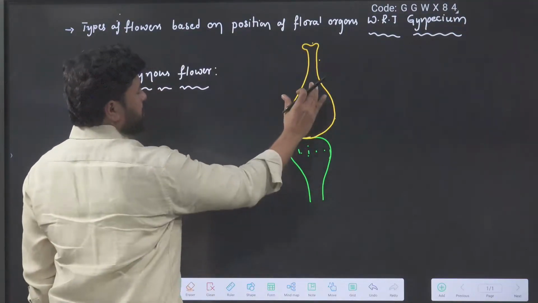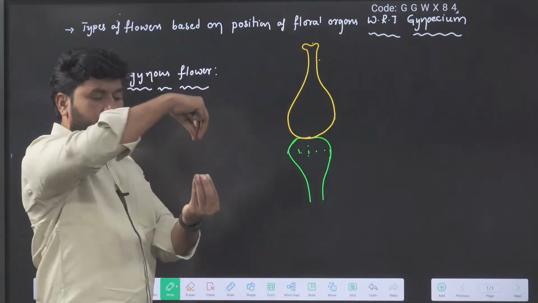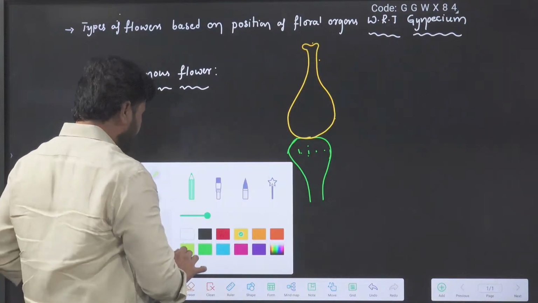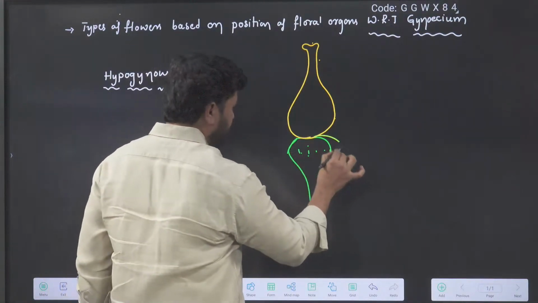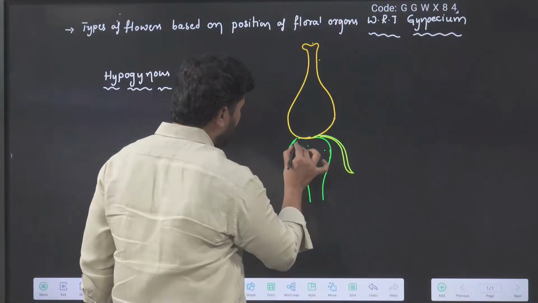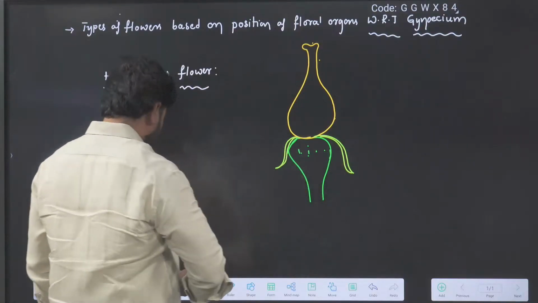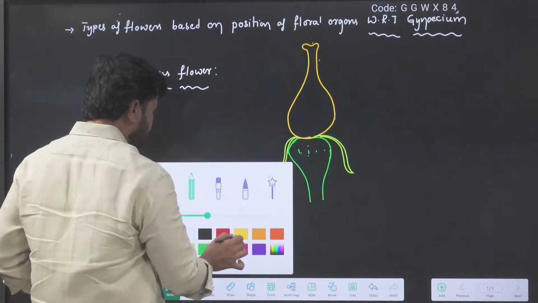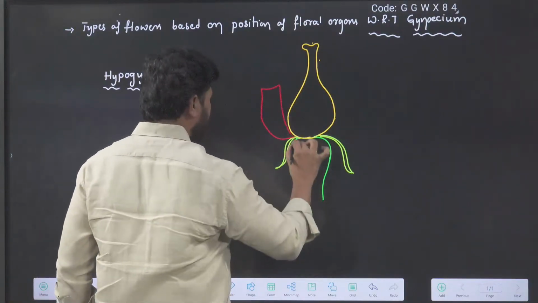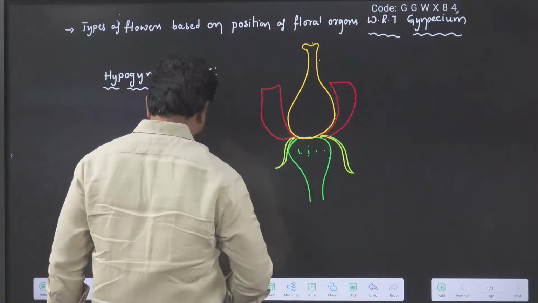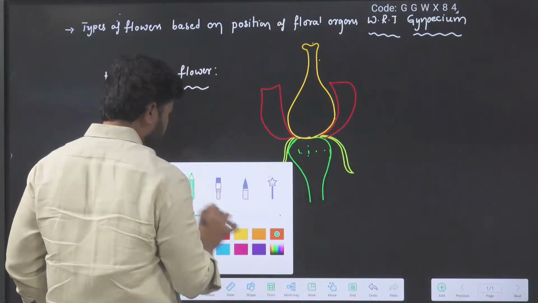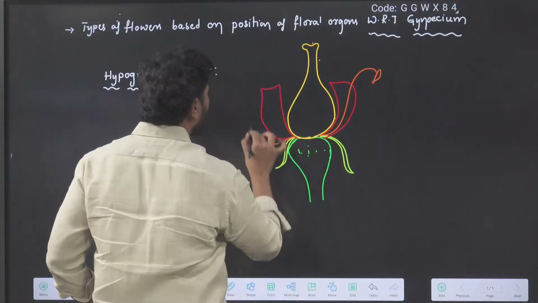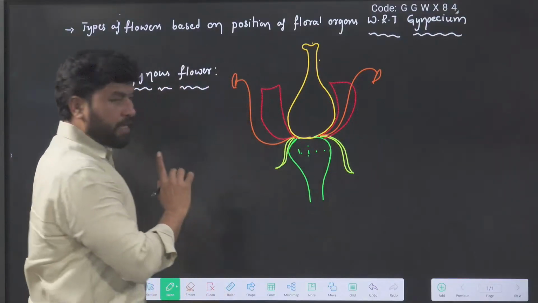On the thalamus, the gynoecium is located on the top. In that case, the remaining floral organs, whichever are needed for the flower, always develop below the gynoecium. This is the sepal. Consider this one is the petal, and let us take one more body, the stamens. All of them originate below the gynoecium.